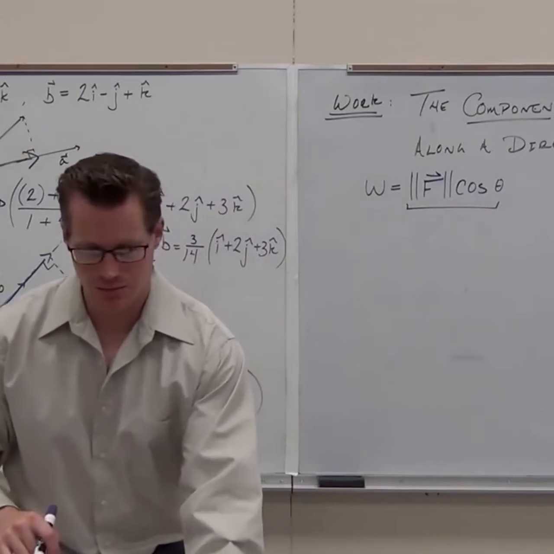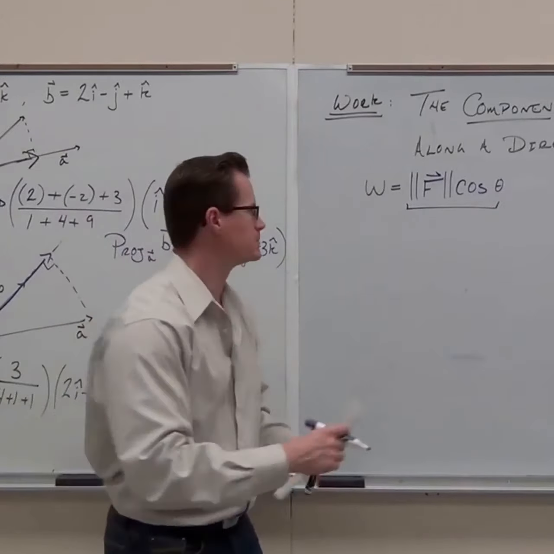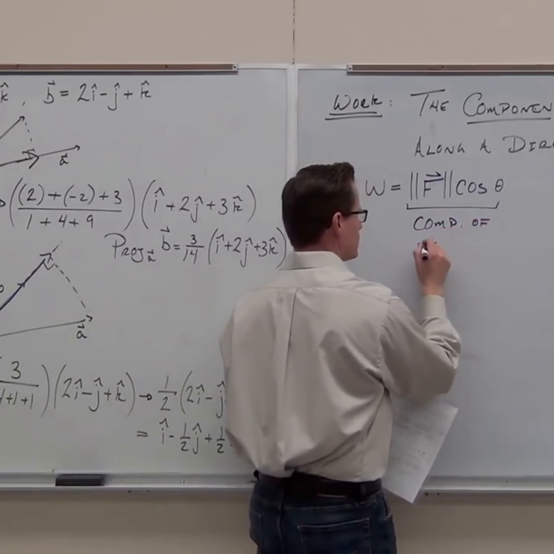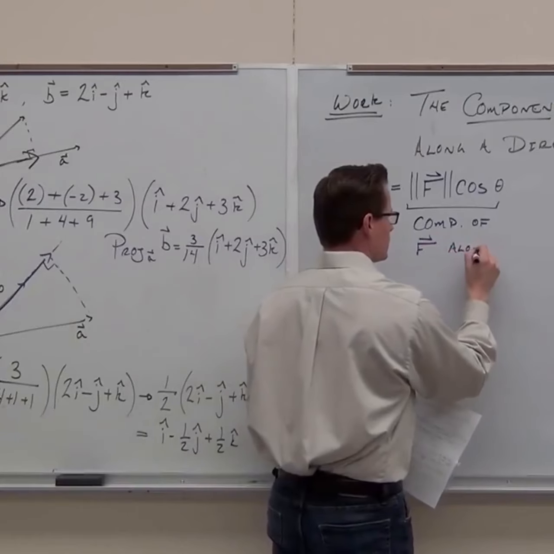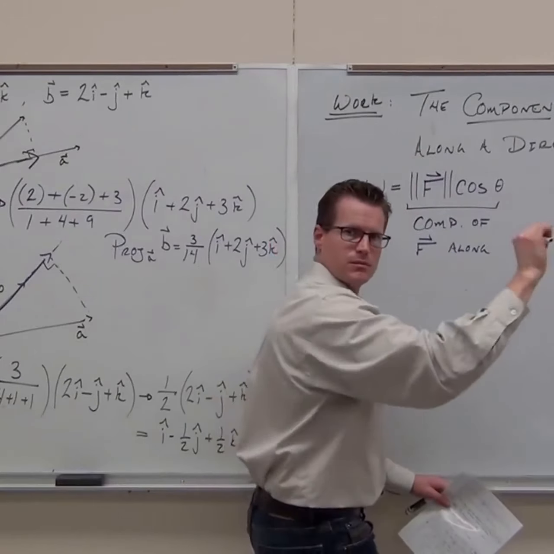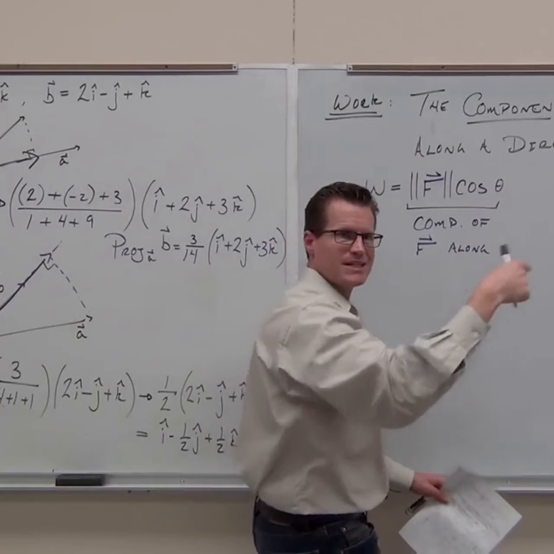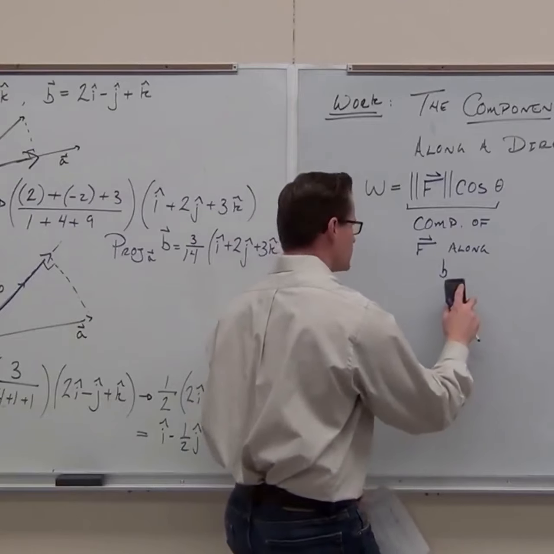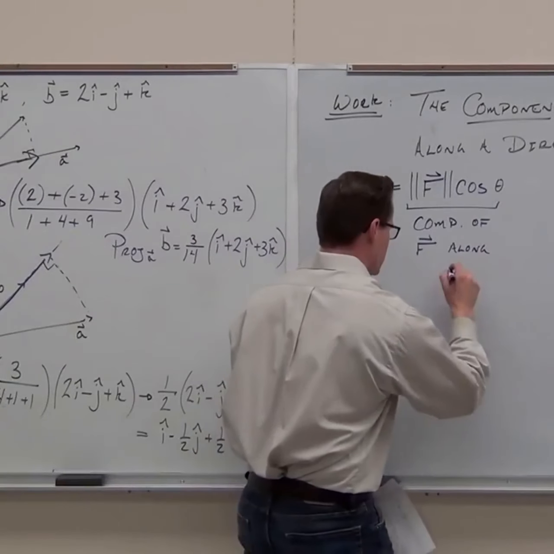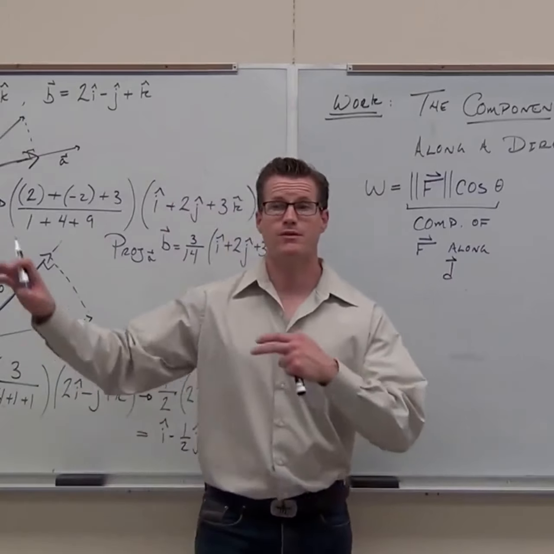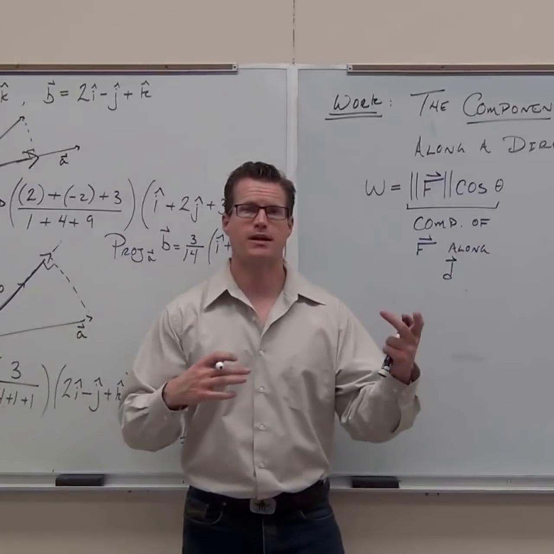This right here is the component of the force along whatever vector I want this thing to move. Okay, my D, my displacement vector. Along D. The only difference between what we've done and what we're doing now is that work is defined like this.